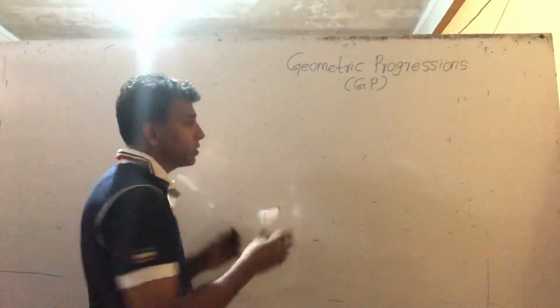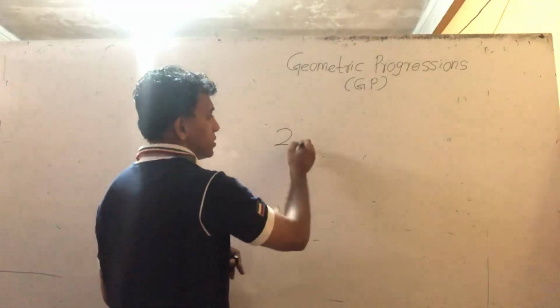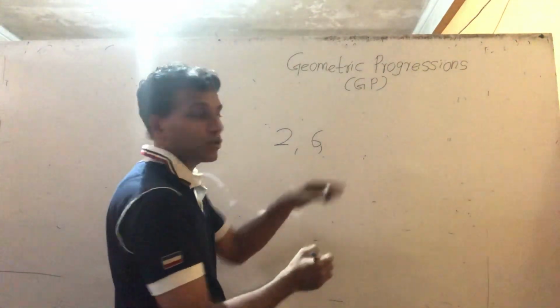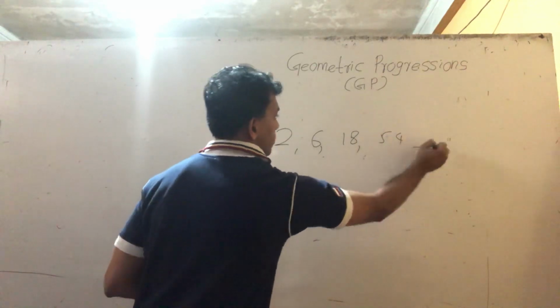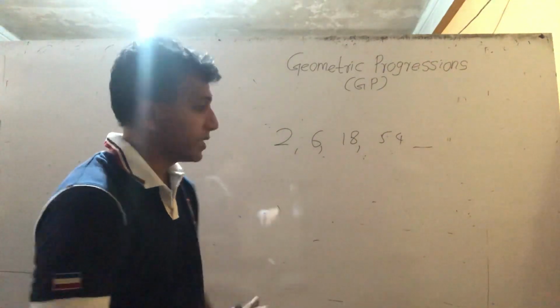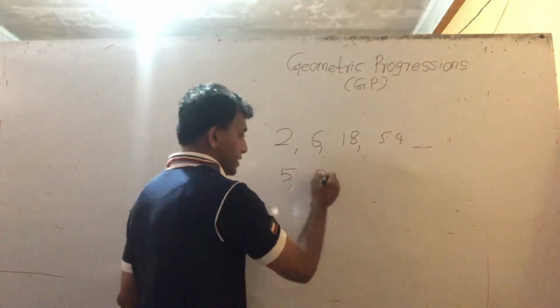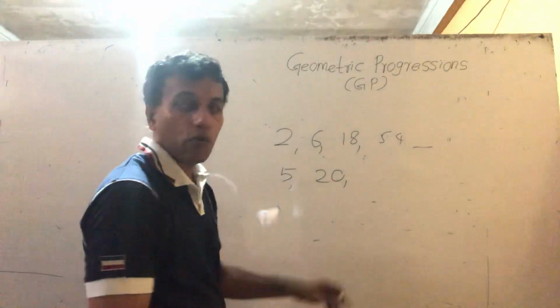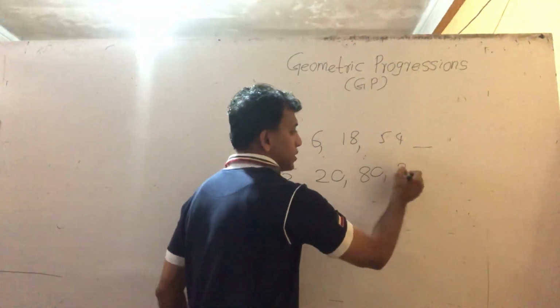See, what do we mean by geometric progression? For example, 2, multiply 2 by 3, 6, multiply by 3, 18, multiply by 3, 54. This is a geometric series. Another example: 5, multiply by 4, 20, multiply by 4, 80, multiply by 4, 320.